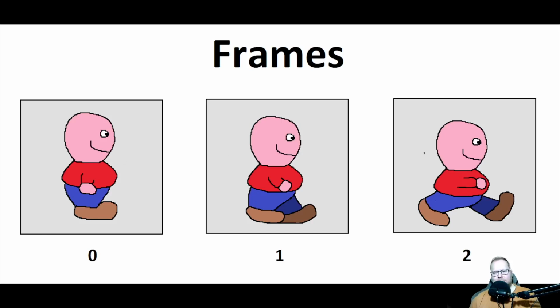And if we play these sequentially, and maybe even play them back and forth, then we can get this guy to move. So that's what we have to do on the Commodore 64. But unfortunately, there's nothing like a command that says animate this sprite. Or at least we have to make that command ourselves, with a macro, for example. The point is, we need to find a way to display these sprites one after the other.